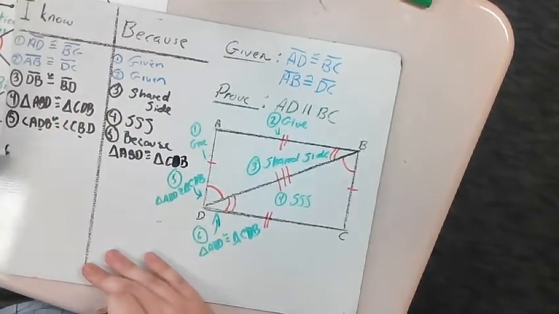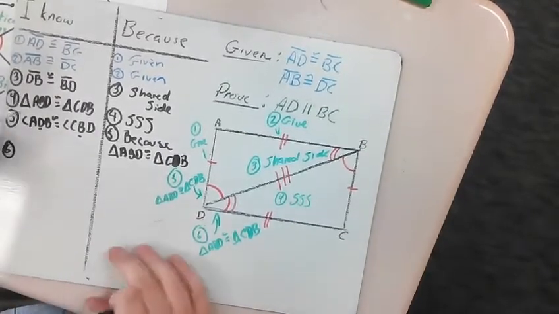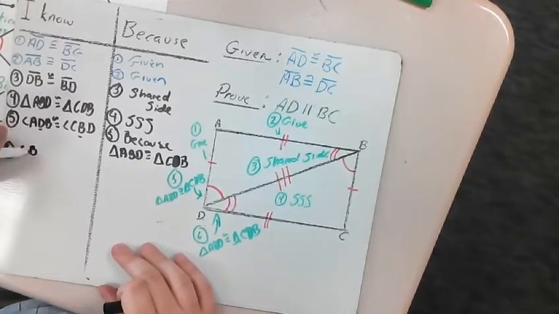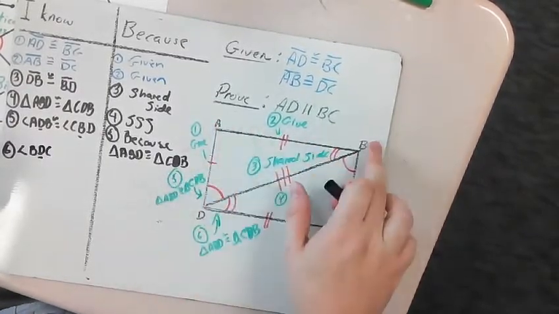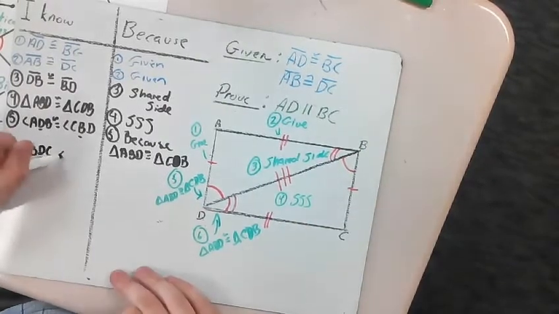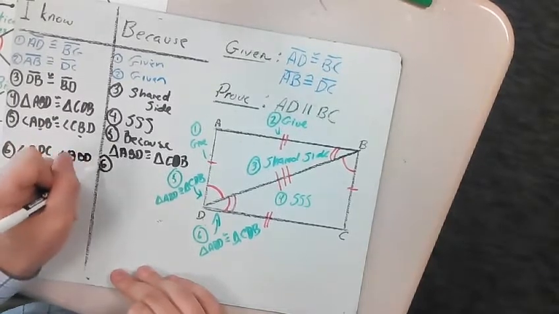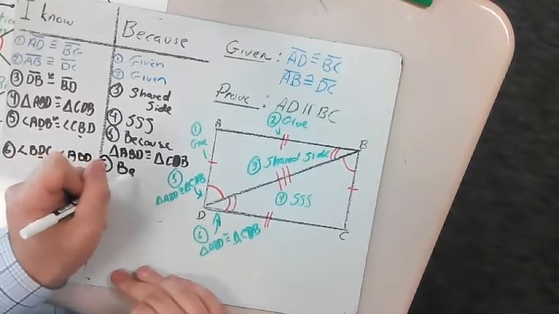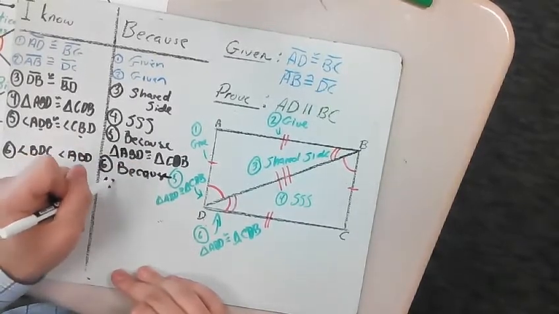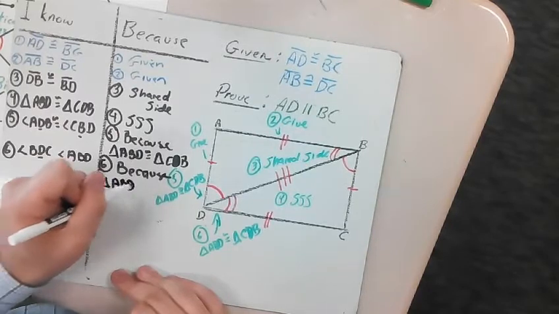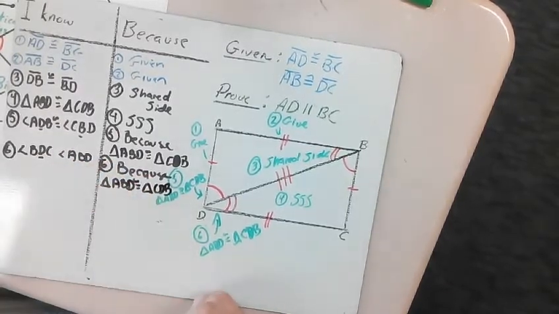Okay, so next, angle BDC is congruent to angle ABD. And I'm going to say that too is because triangle ABD is congruent to triangle CDB.